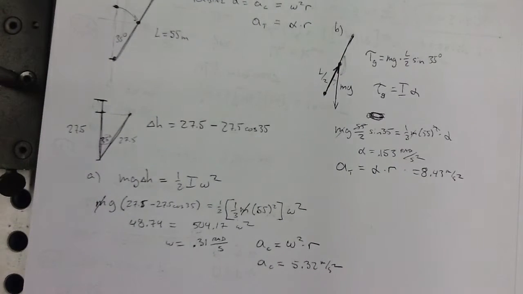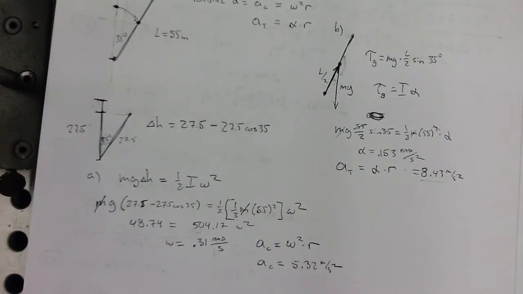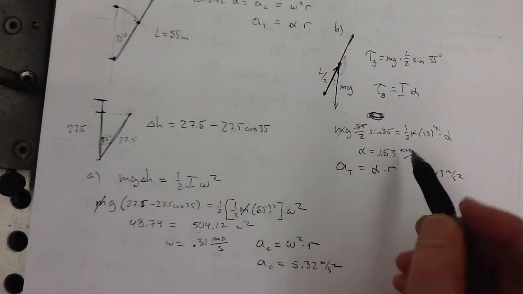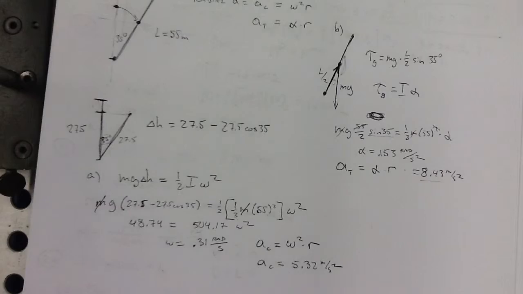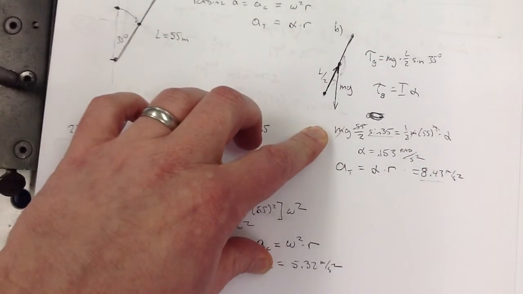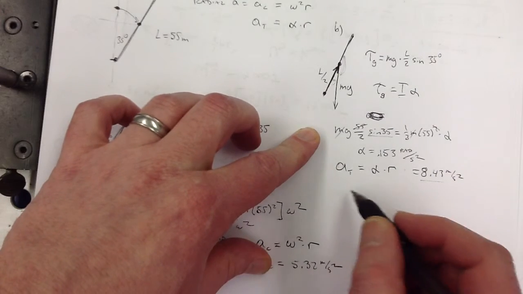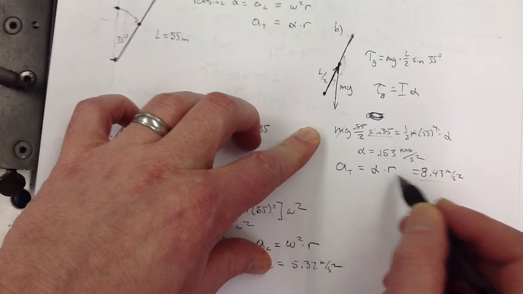And then they want to know what would the angle have to be to make this equal to the acceleration of gravity? Well, nothing would change in this whole expression except for this, right? The radius is still going to be the same.